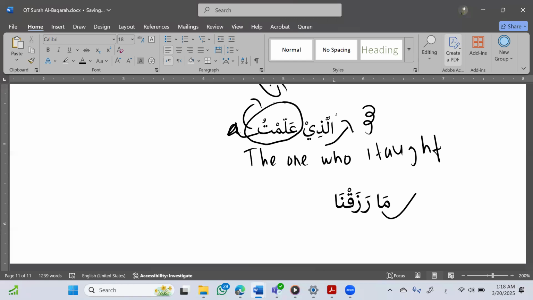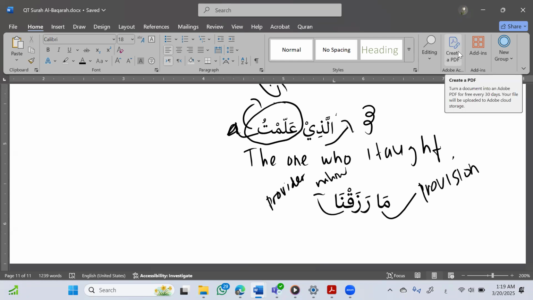But in this case, ma is referring to the provision, while the pronoun inside razaqna, which is nahnu, is the provider. So even though it doesn't have a real pronoun inside the ma, we can tell that both the ism mausul and the silah are mismatched because it doesn't talk about the same thing.